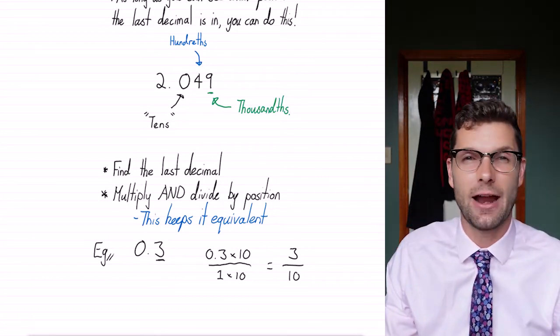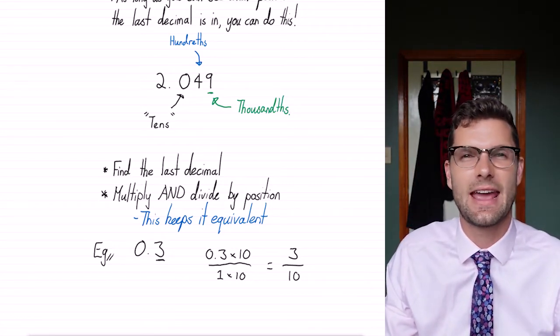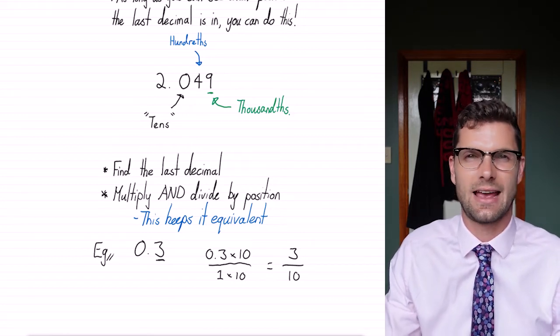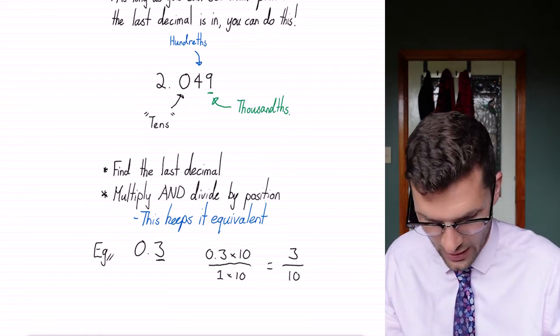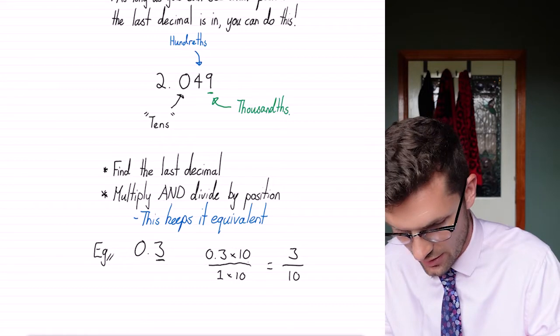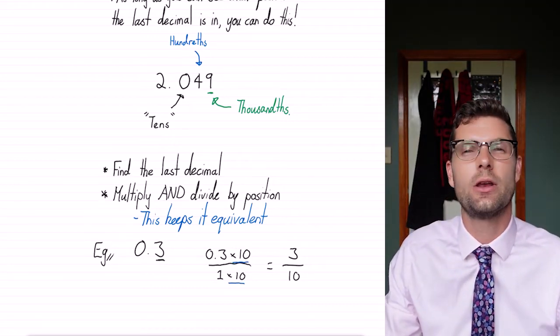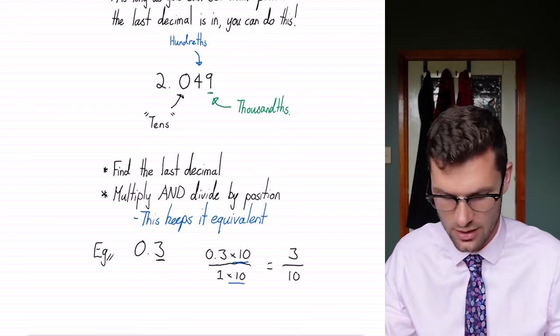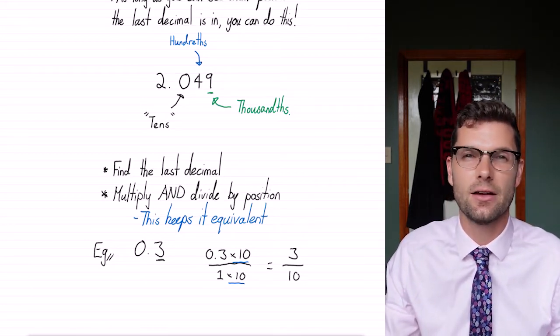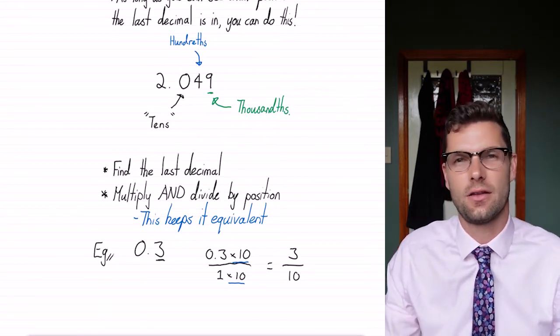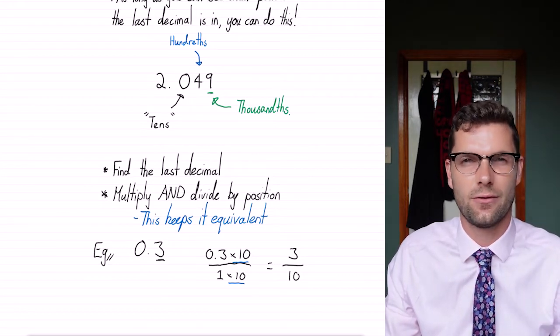And that is our fraction. These two things, if you type them into the calculator, will give you the exact same answer, okay? And because we've done this times 10 and times 10 on the top and the bottom, we know we've kept the fraction equivalent, and that's how we know that the decimal and the fraction are the same.